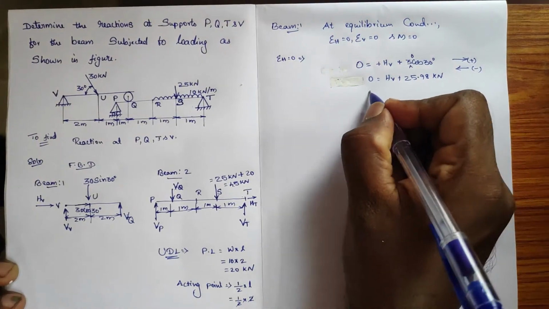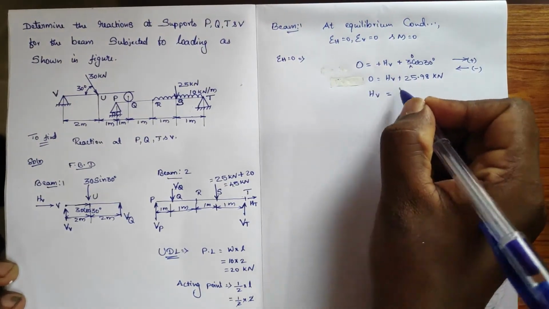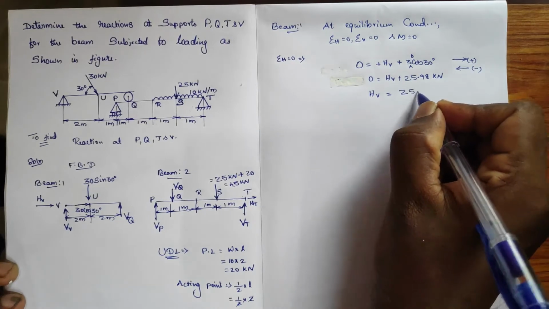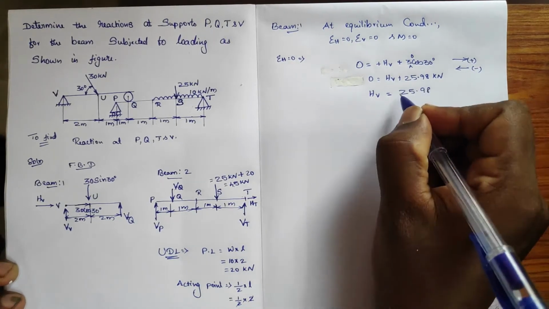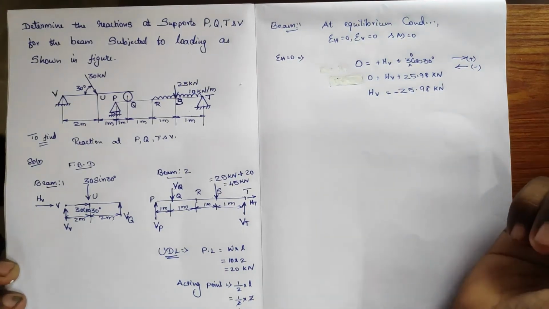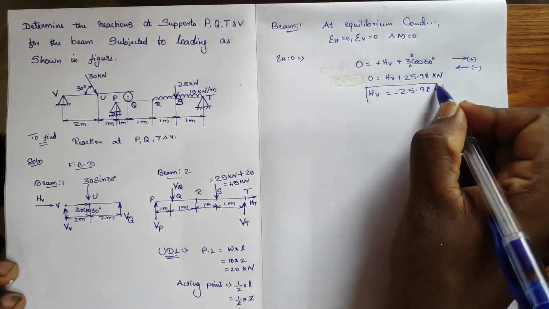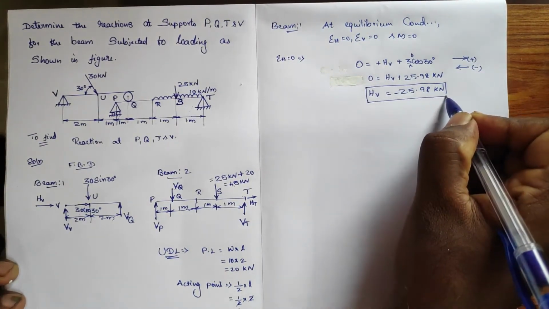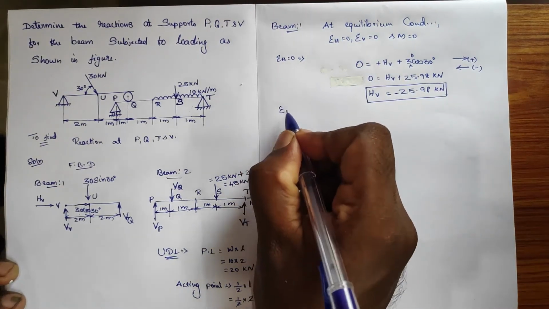So HV is equal to minus 25.98 kilonewton. This is the answer for HV. And then move to the next step.